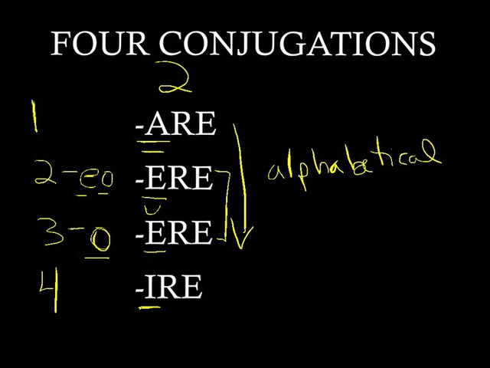So a good way to remember this is 2nd conjugation verbs have 2 vowels in the first form, if that helps. If you're doing the alphabetical thing and you're thinking EO comes before O, that might help. So if you see an ERE verb, you have to consult the first principal part to determine whether it's 2nd or 3rd. For 1st and 4th conjugation, ARE, IRE, you're golden.